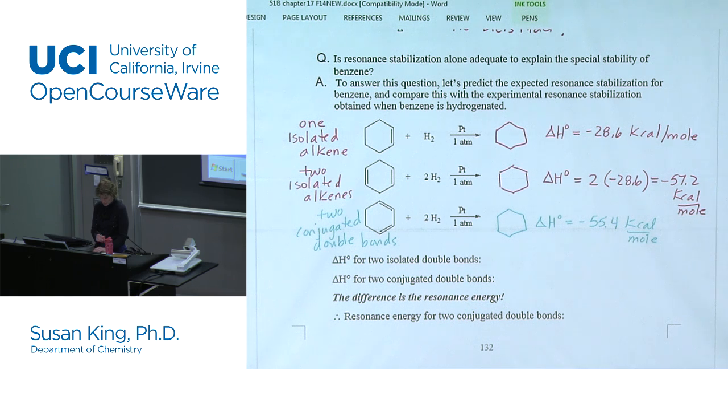So delta H naught for two isolated double bonds is 2 times minus 28.6 equals minus 57.2 kcals per mole. Actual delta H for two conjugated double bonds is minus 55.4. The difference is the resonance energy.